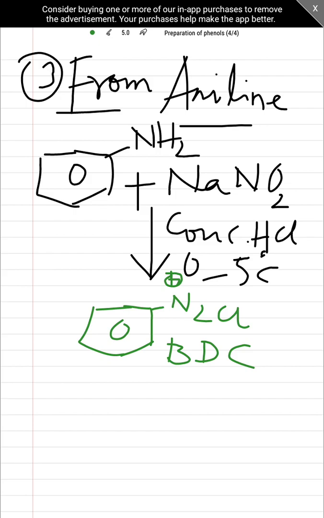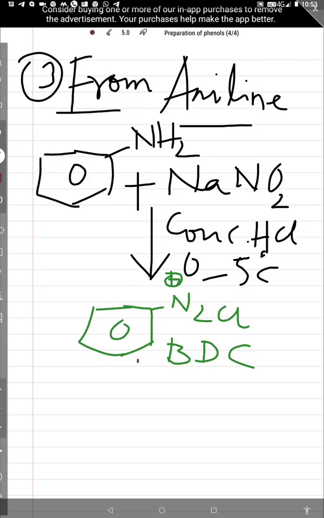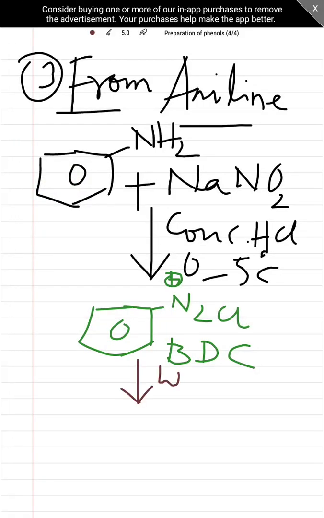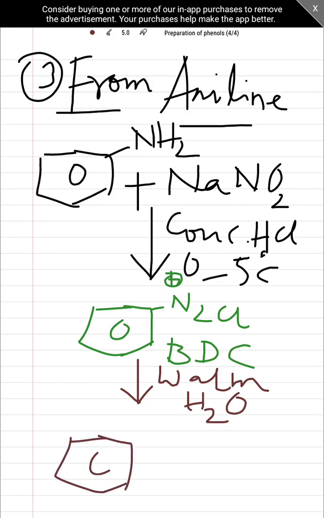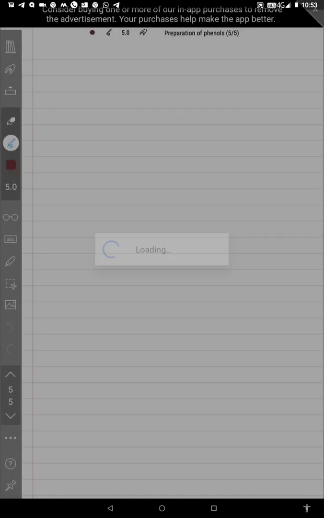And this benzene diazonium chloride on warming in aqueous medium is going to produce the carbolic smell of phenol. But along with the phenol, nitrogen gas is liberated. Let us move to the next method, that is the fourth method.